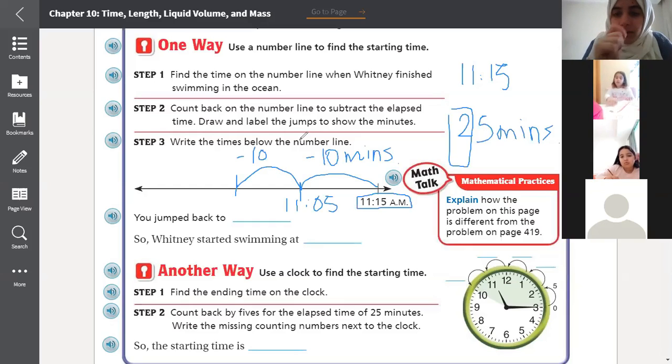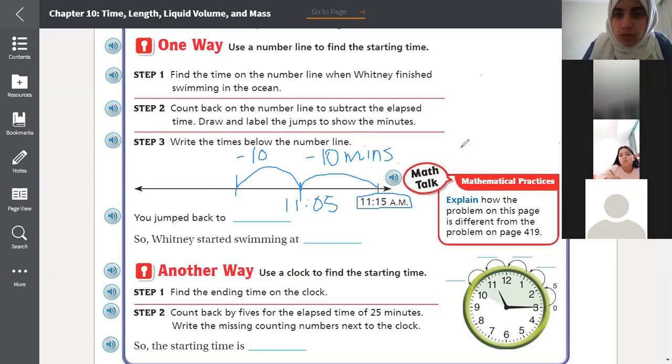If you don't know how to subtract by 10 right away, you need to put the numbers on top of each other so you can borrow. So I'm going to put it on top of each other here: 11:05 minus 10.